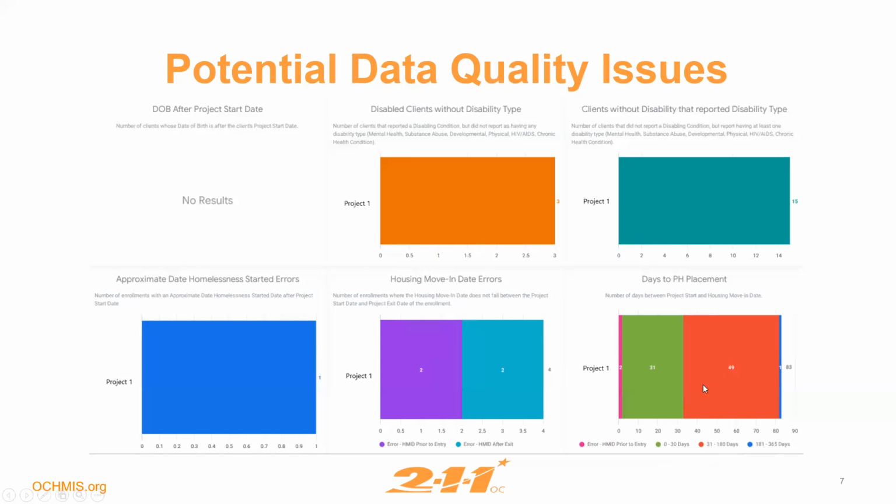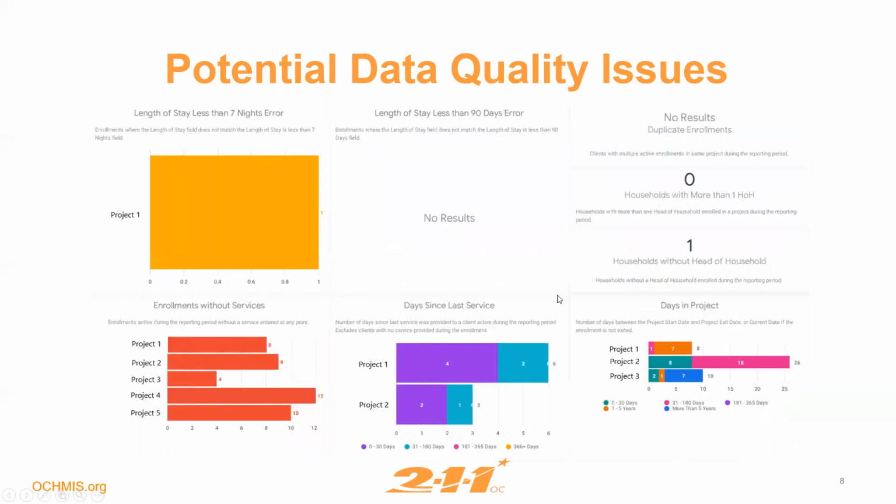So this may or may not have data quality issues, but I thought it was helpful to be able to see those numbers because, you know, if you know it's taking normally around 60 days and someone has been over a year that it took them to be placed in a unit, that may be worth looking at because it could be a data entry error. So that's kind of how this one's functioning.